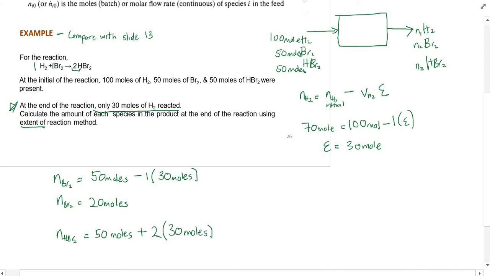So 50 plus 2 times 30, which is 60, so 60 plus 50 is 110 moles of hydrogen bromide. So we have solved this problem. At the end, you have 70 moles of hydrogen, 20 moles of bromine, and 110 moles of hydrogen bromide. Let's check this answer against slide 13.